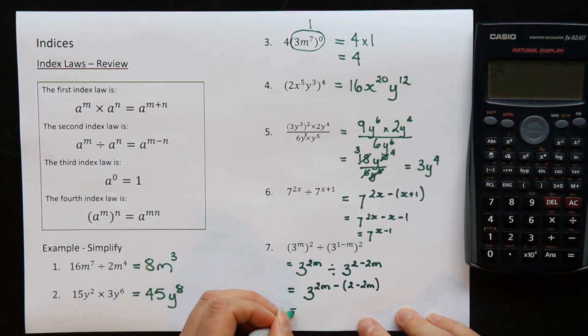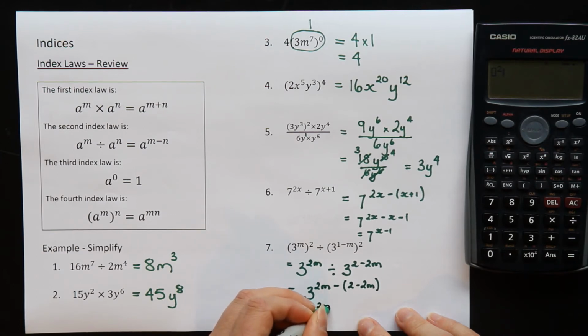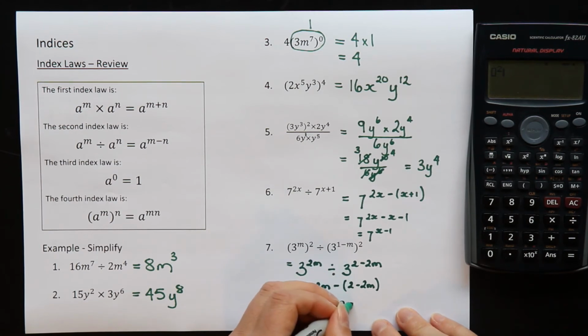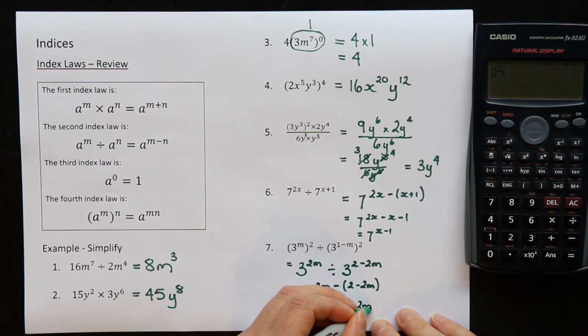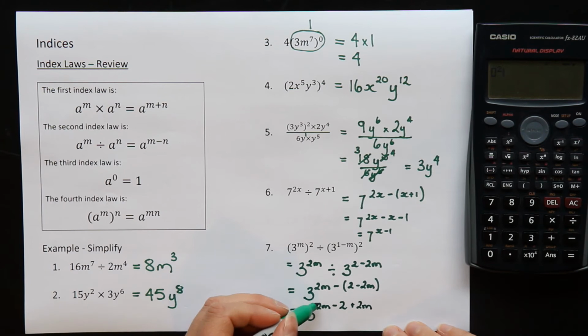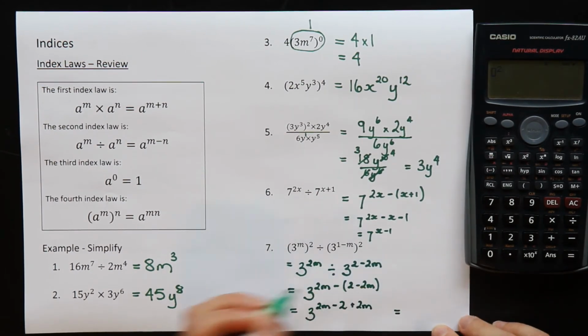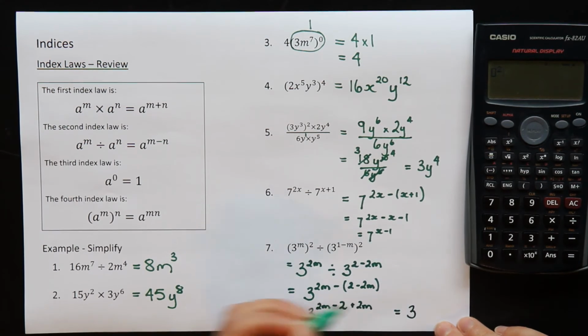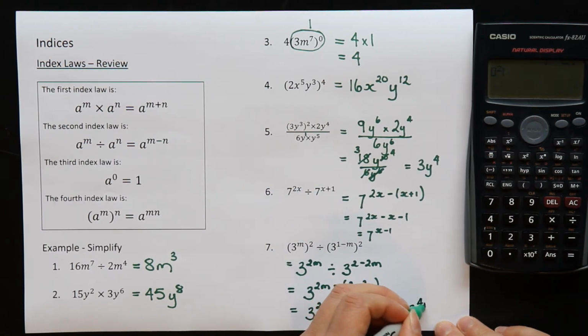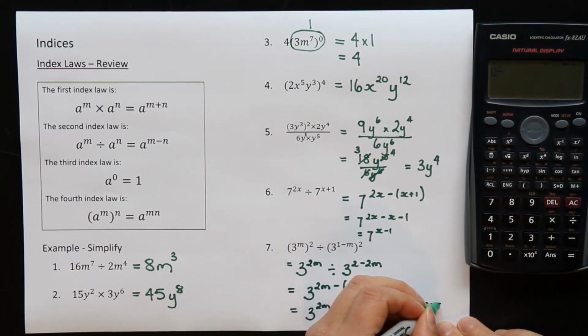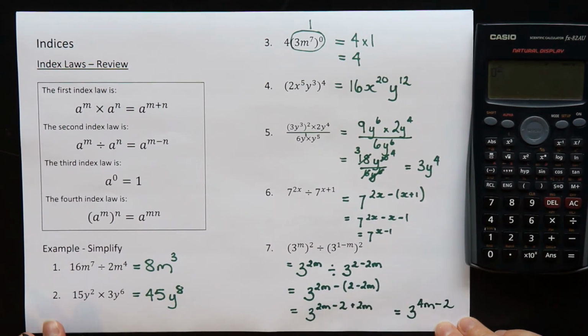Expand that bracket through, 3 to the power of 2m minus 2, and then that minus comes through here to make it a plus 2m. So I have 2m plus 2m, making 3 to the power of 4m minus 2. And there it is.